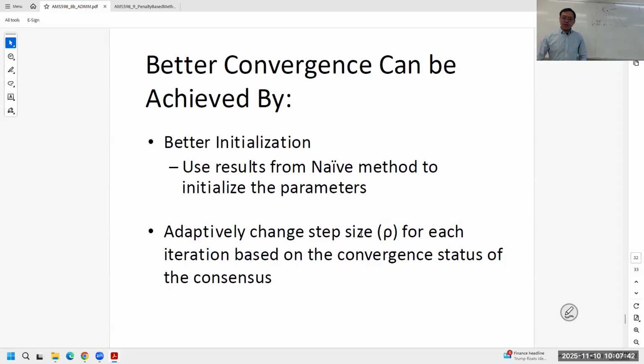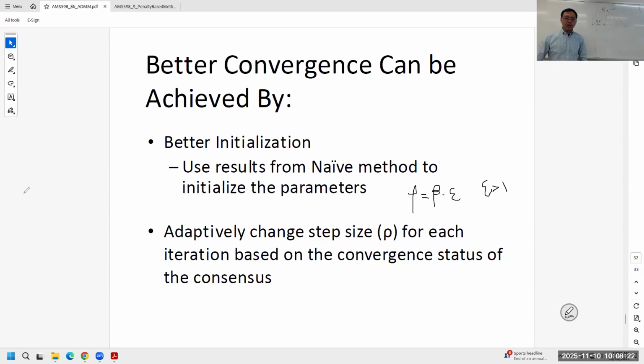You can also adaptively change the step size rho for each iteration based on the convergence state of the consensus. In your project, rho is something you have to try out. For the project, I think you can just keep rho constant. But in practice, people usually multiply rho by some multiplier: updated rho equals rho times epsilon, where epsilon is bigger than 1, making the steps a little bit larger.